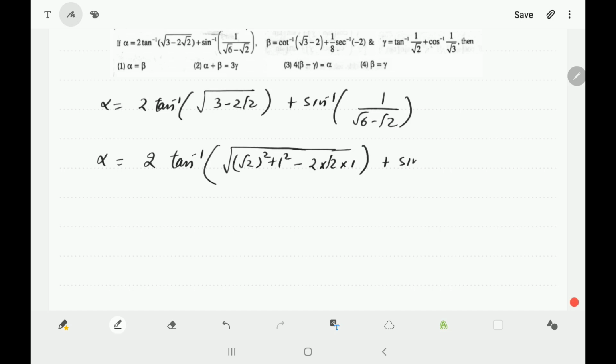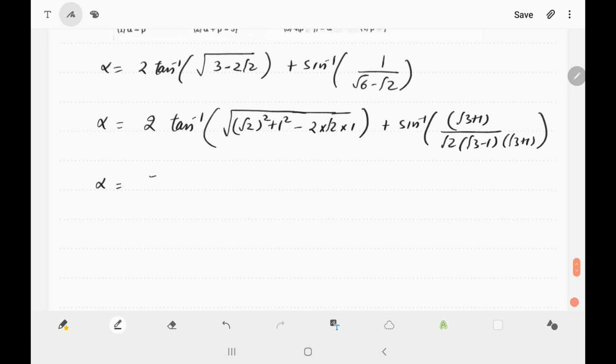Plus sine inverse can be written as, if you take root 2 common, you will have root 3 minus 1 balance, so you can multiply and divide with root 3 plus 1, so that the denominator can be rationalized. So now we will have alpha as tan inverse of root 2 minus 1, because this will become root 2 minus 1 whole square under root, which will give us mod of root 2 minus 1, which is already positive, plus sine inverse of root 3 plus 1 by 2 root 2.